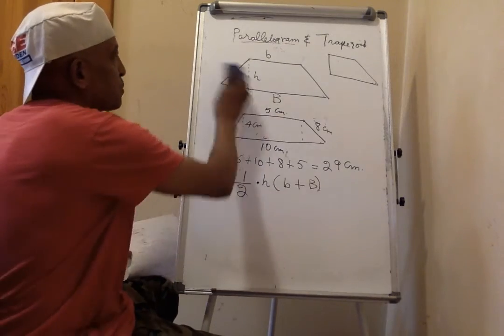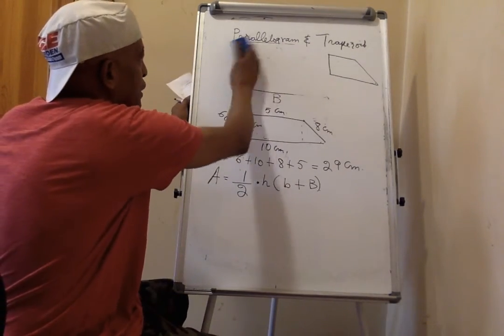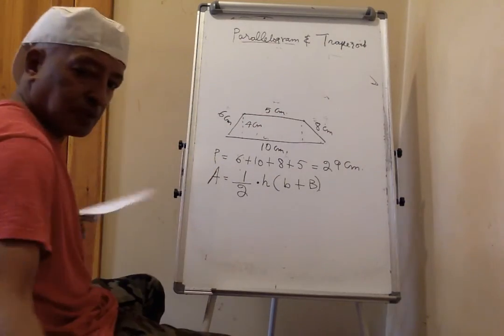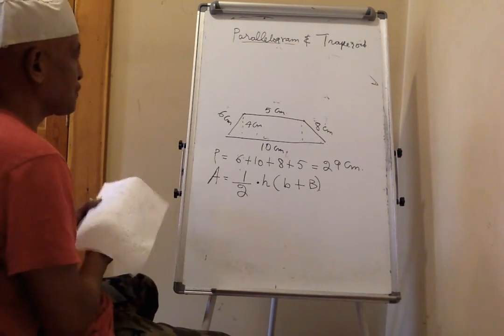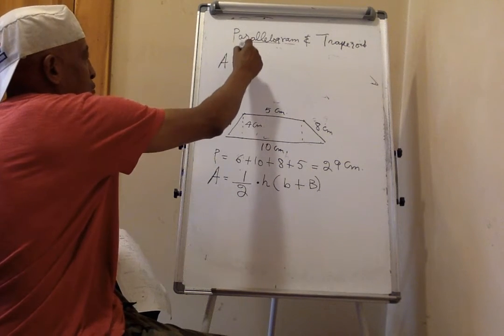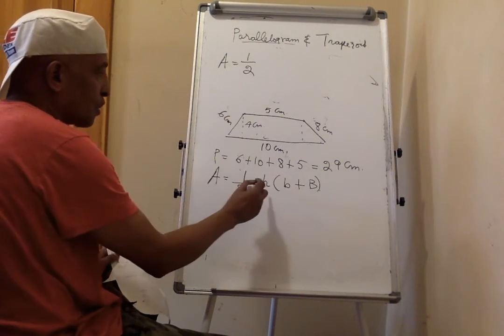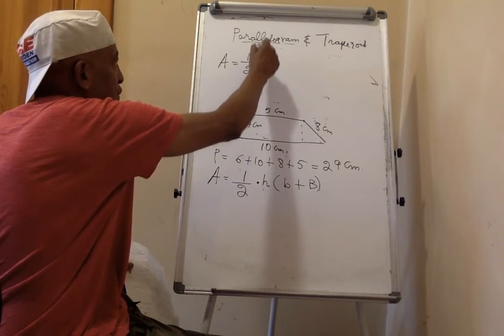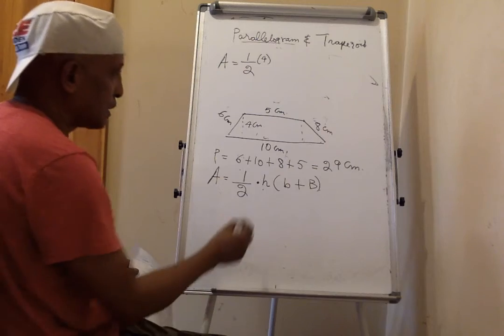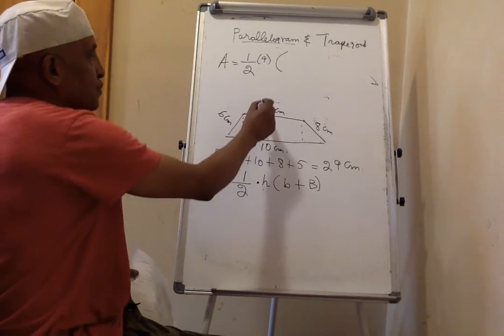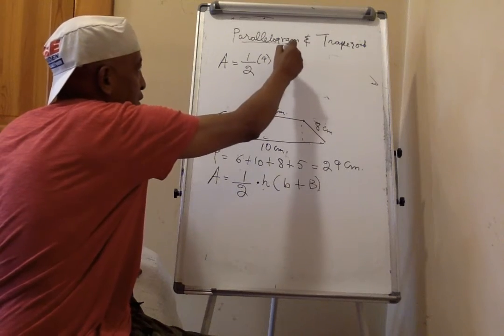Mind you, the perimeter is 29. So in order to find the area, just plug into the numbers. So you have area is equal to half. Your height is 4 centimeters. Then put a parenthesis. Your small base is 5.